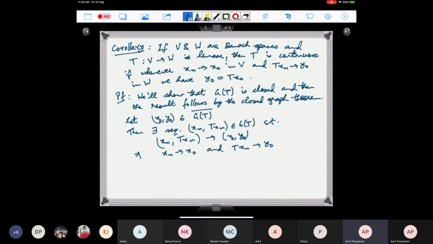And now, by the assumption, this will imply that y naught is equal to T of x naught, which implies (x naught, y naught) belongs to the graph of T. Therefore, the graph of T is closed.